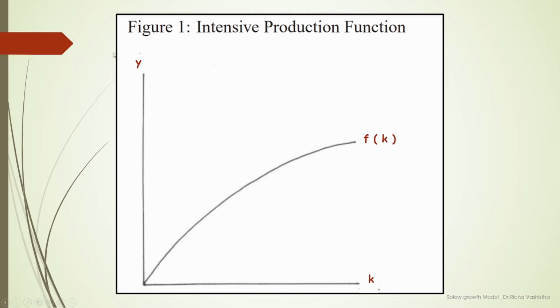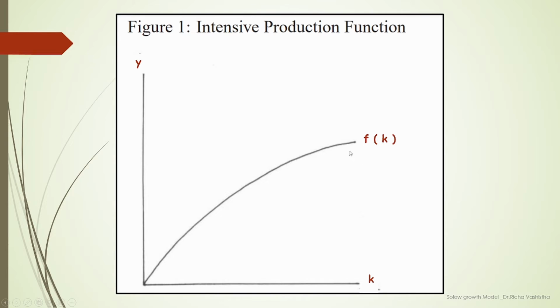Here you can see this is y, the output part, and this is the capital part. As we can see, the graph is going upward, and further, coming to this point, it starts declining because of the law of diminishing returns that we have already discussed in quite some detail.